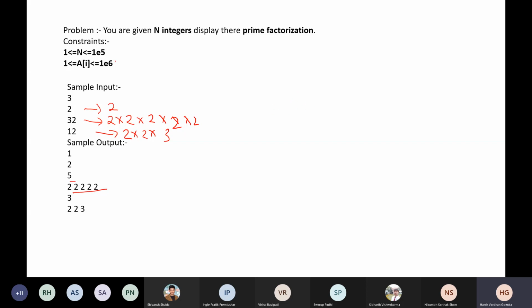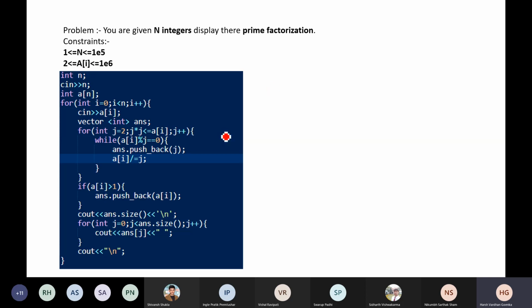So what their idea actually means, for those who could not get it: we take the user input a_i, whose prime factors we need to display. After that, we iterate from 2 to square root of a_i, and if it is divisible by 2, I keep on dividing it by 2 until there are no factors of 2 left.